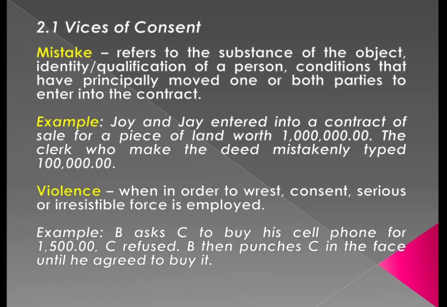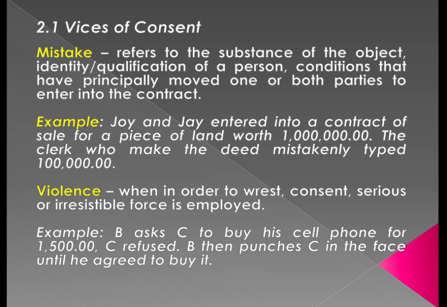Number 2, vices of consent. Number 1, mistake. Refers to the substance of the object, identity, qualification of a person, conditions that have principally moved one or both parties to enter into the contract. Example, Joy and Jay entered into a contract of sale for a piece of land worth 1 million.